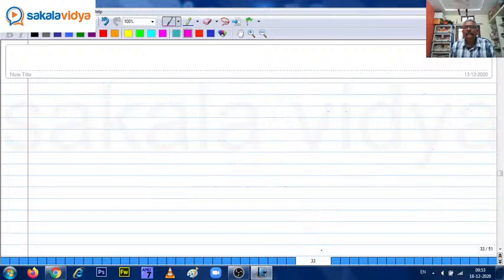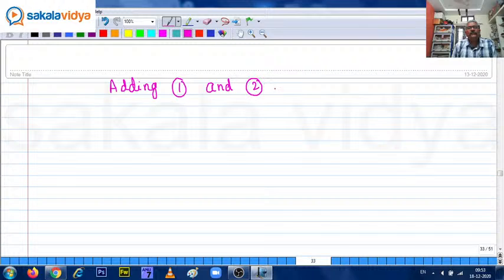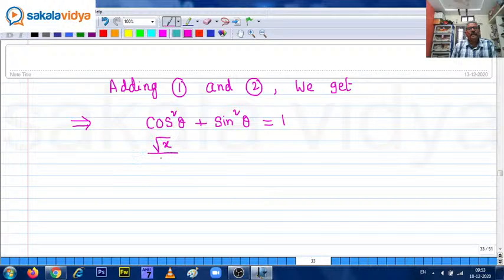So now, adding 1 and 2. Adding 1 and 2. We get cos square theta plus sin square theta equals 1. So that means root x upon root a plus root y upon root a equals 1.